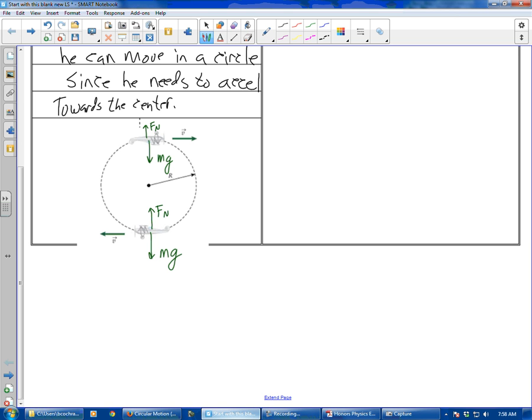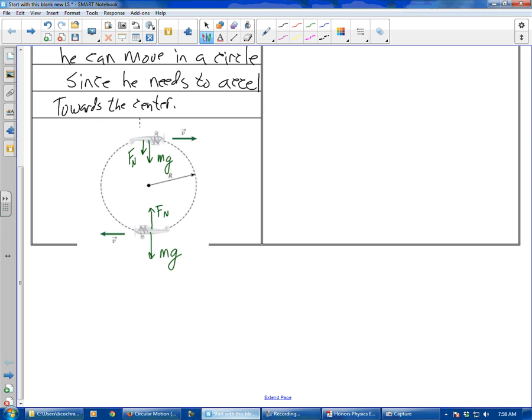And let's see. If he goes too slow, the one I'm looking at is the normal force up top. It's going to be downwards.